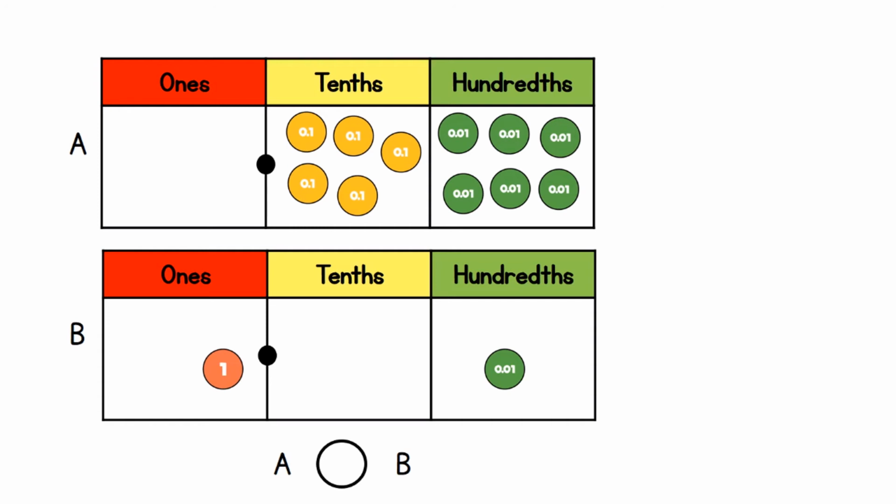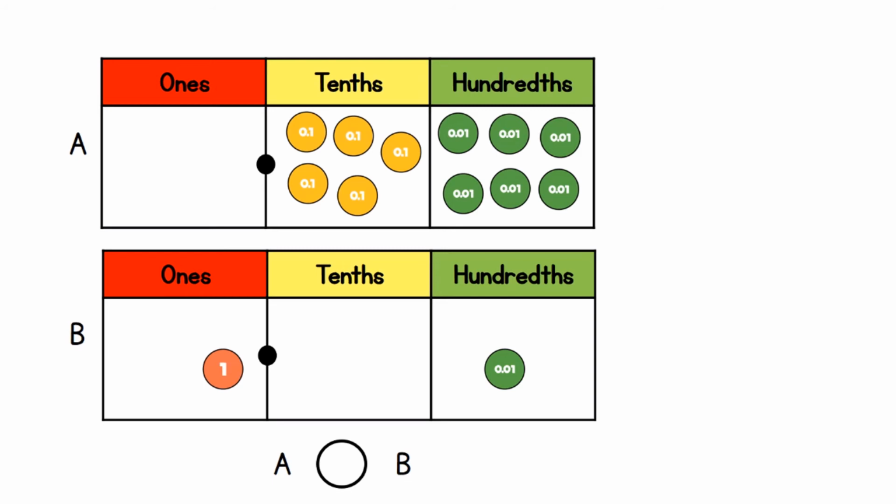Let's take a look. So automatically, when I look at this, I see B and I see 1, I'll know that B is greater. I wouldn't even need to look at A or the other columns. But we'll do this together for now, just so that we know how to read these grids.